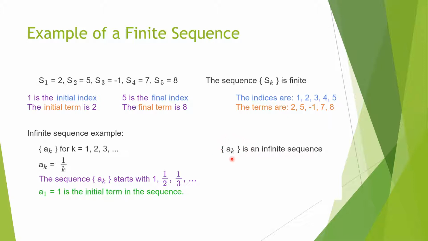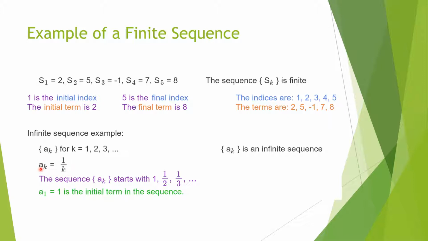In curly braces, we write down a sub k, and this represents the infinite sequence a sub k. Then for this infinite sequence, we use an explicit formula to represent and define it.